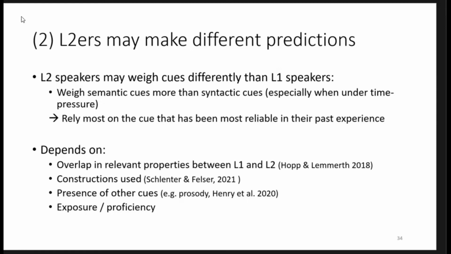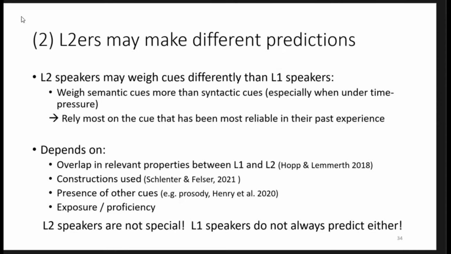In a follow-up study of the deer and hunter study, if you impose prosody on top of that, marked or neutral, and use slightly more proficient speakers, some of these proficient speakers do move their eyes predictively to the right agent in the object initial case. So there's all kinds of cue weighing going on as well. Again, it's not all or nothing. It's not that you predict or don't predict, or that you only use these cues or those cues. It depends on a lot of different things.